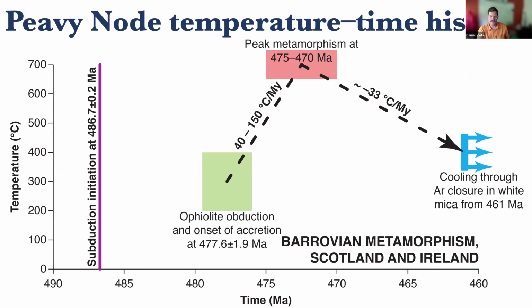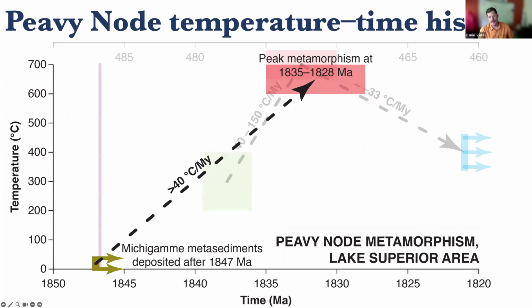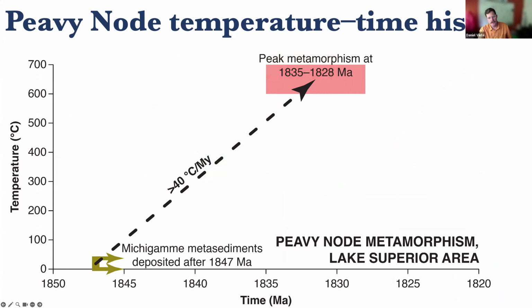And so from this, we can go back to the temperature-time history of the Barrovian metamorphism, and we can overlay the Penokean metamorphism. And again, the PV node metamorphism. And again, we have evidence that prograde heating was rapid, so on the order of 40 degrees Celsius per million years or more.